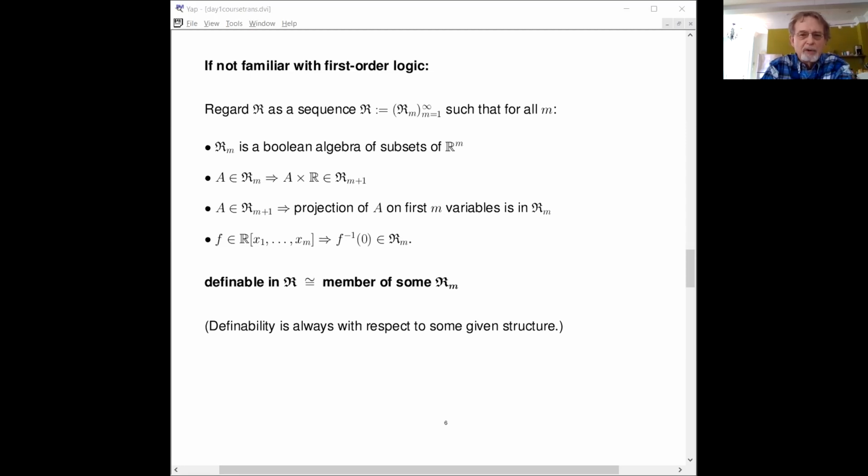Those are the minimum requirements. And so definable in the structure R is simply the same thing as saying it's a member of some R^m. And we also always have to remember definability is always with respect to some given structure. It does not make sense to talk about definability if we haven't nailed down the arena in which we're going to be working.